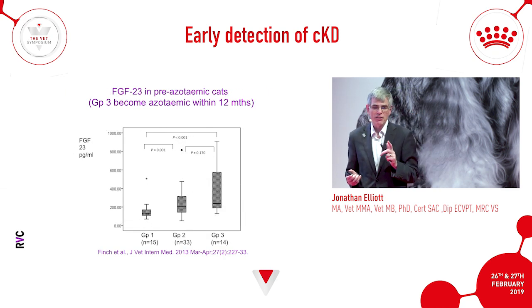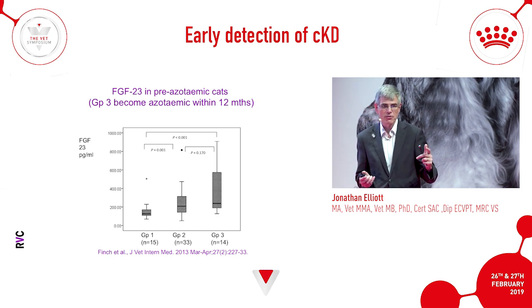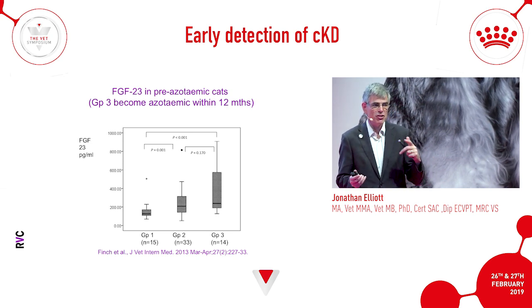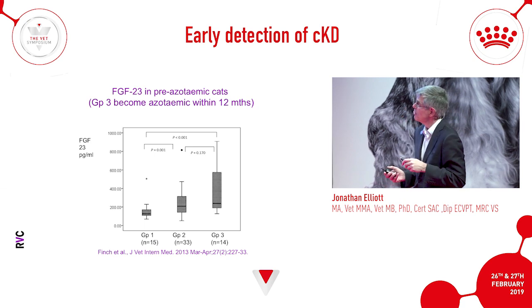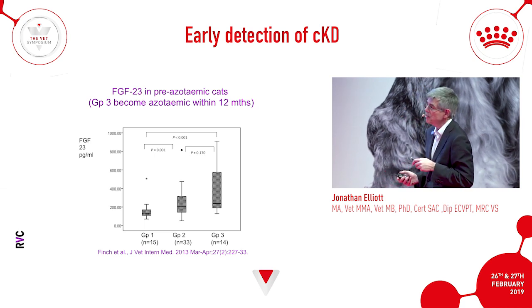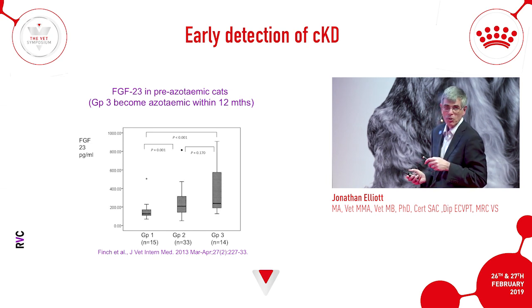And when we look at FGF23 in a prospective study, as a predictor of the onset of azotemia, we had 62 cats in this study. The first group, these cats remained completely normal over the 12-month follow-up period. These cats had borderline renal dysfunction, and these cats became azotemic.